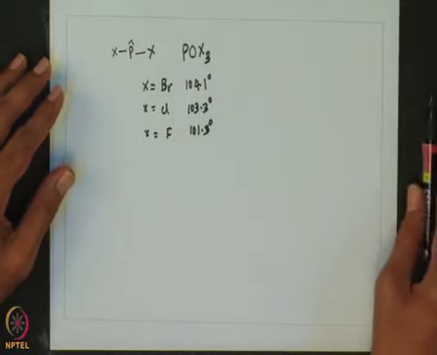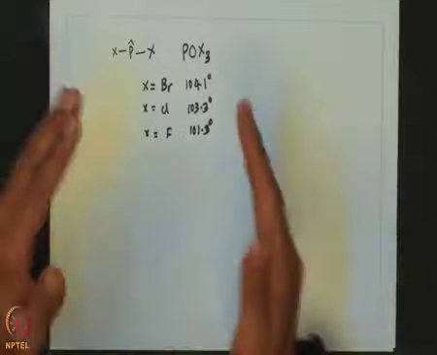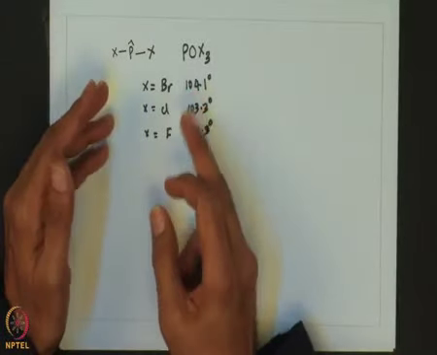Why are bond angles shrinking as we go from POBr3 to POCl3 to POF3?